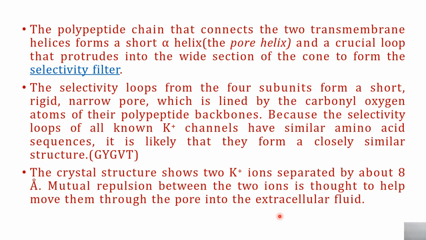Because the selectivity loops of all known potassium channels have similar amino acid sequences, it is likely that they form a closely similar structure. The crystal structure shows 2 potassium ions separated by about 8 angstrom. So mutual repulsion between the 2 ions is thought to help move them through the pore into the extracellular fluid.